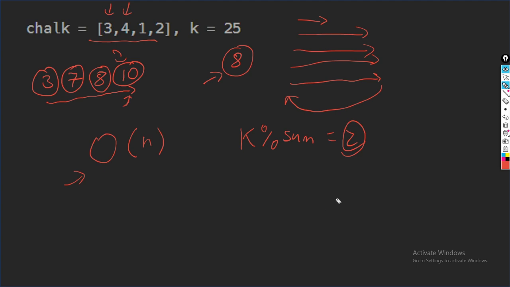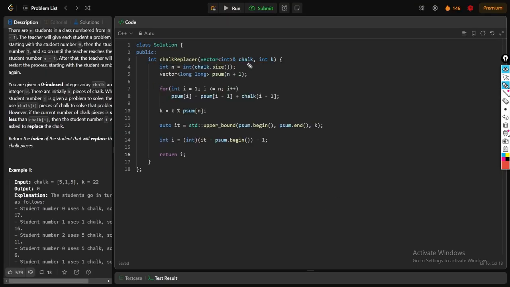Now let's see the code. I have already written the code. Here I find the number of students, and there I have the prefix sum array, and I compute the prefix sums, and then I take the modulo to find the remainder, and then I use upper bound, which basically runs binary search on the prefix sum array. Upper bound uses binary search to find the first value that is strictly larger than k, which is what we want.